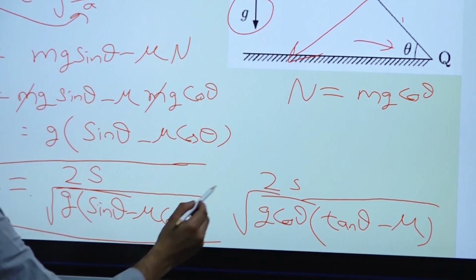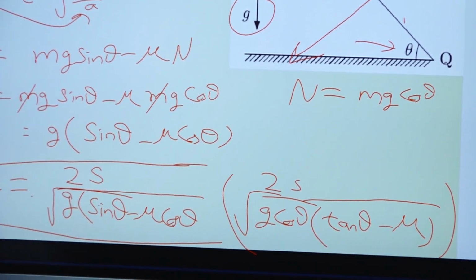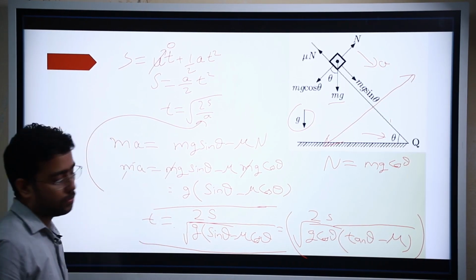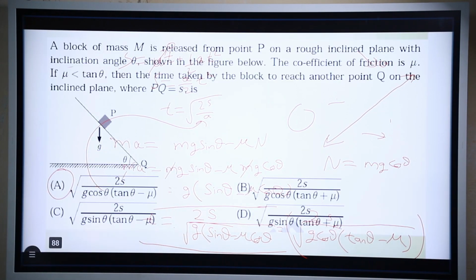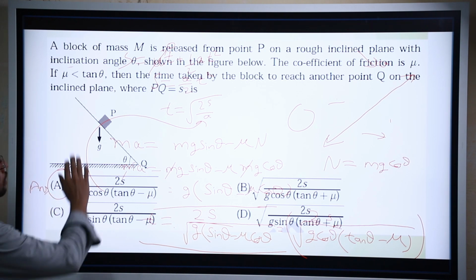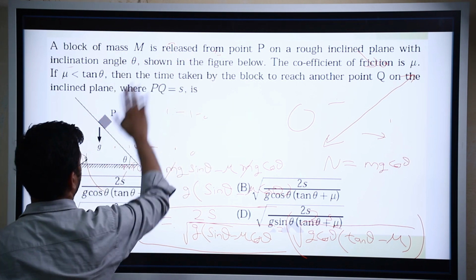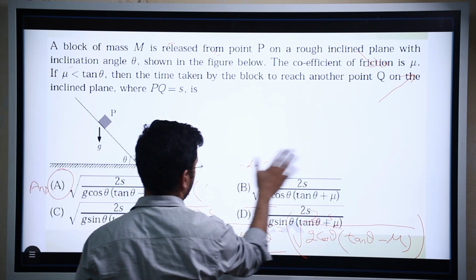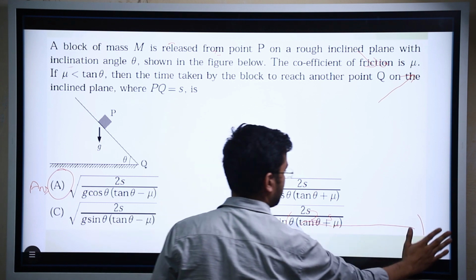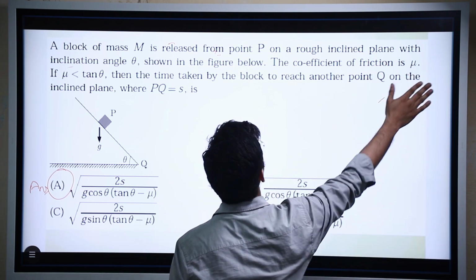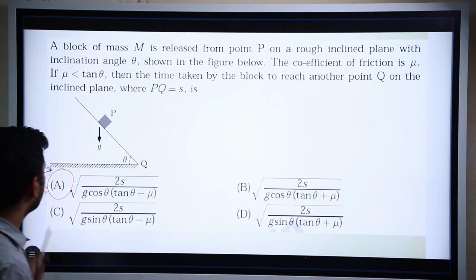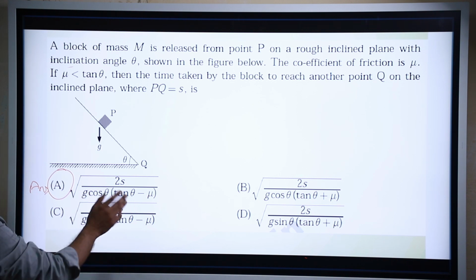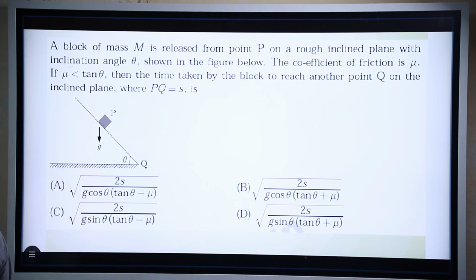So that will be the answer, right? So this answer is A, right? Okay, done. So this is also a very easy question. It was not tough.